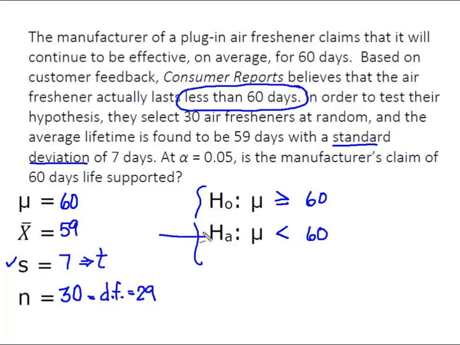I knew to put that less than in my alternative hypothesis because we never have any version of equal to in the null. The other thing that HA is going to tell me, because I have this sign of less than, think of this as your arrow telling you that you're going to run a one-tailed left test. In other words, under the critical value approach, our rejection region is going to be on the left-hand side of the curve.